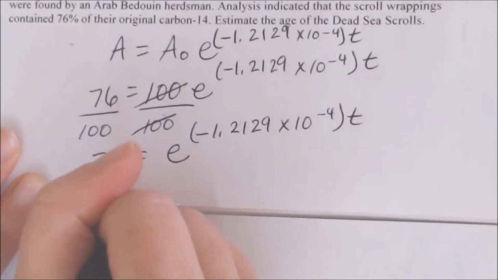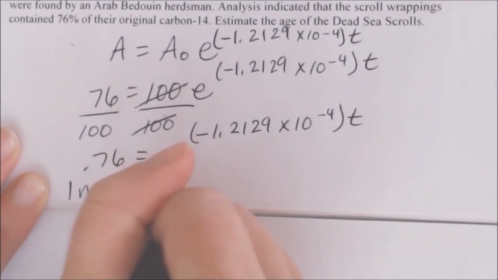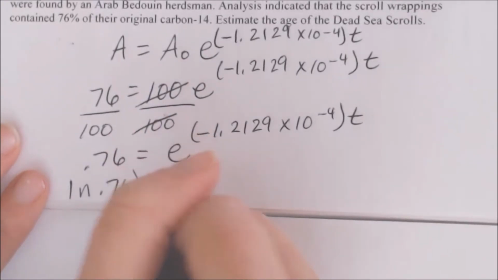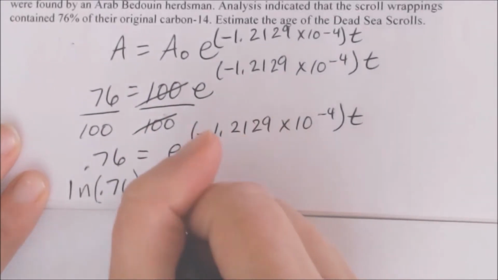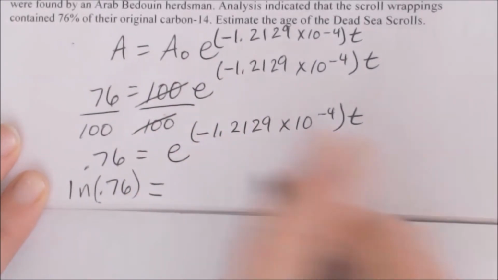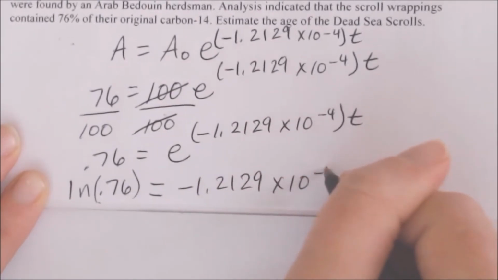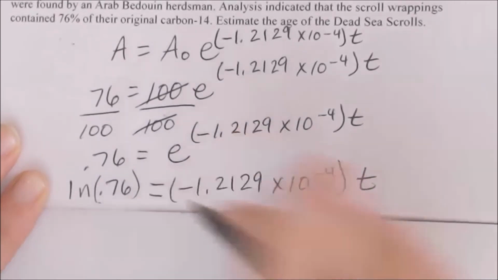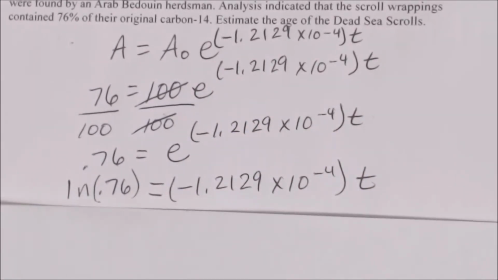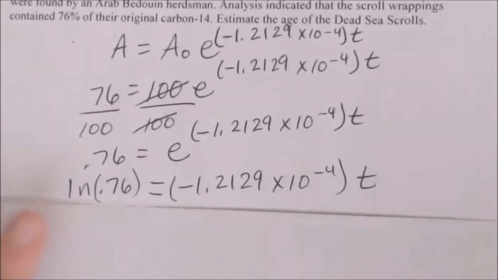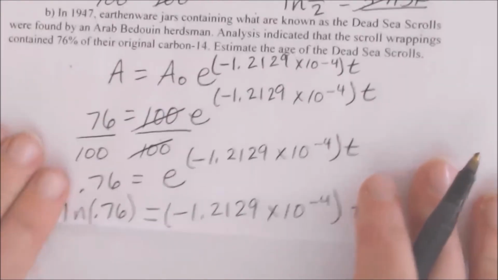So we're going to have the natural log of 0.76, I'll put parentheses around that just to group it, equals negative 1.2129 times 10 to the negative fourth t. And we need to solve for t. So the way we're going to do this is we're going to divide by that k value, that ugly number right there.